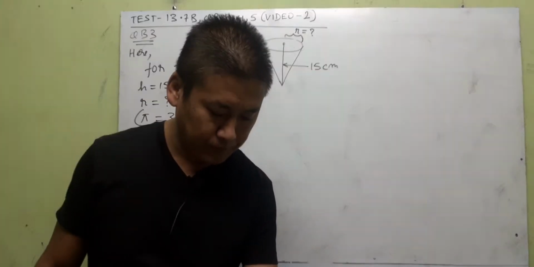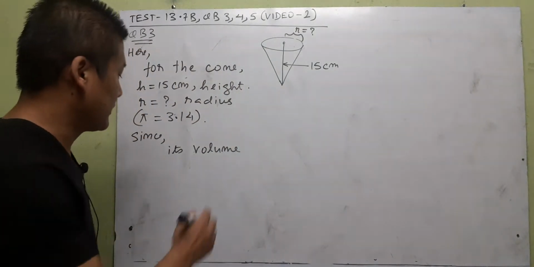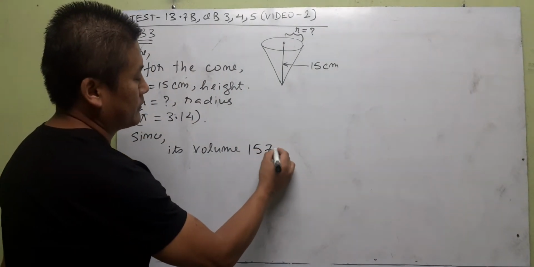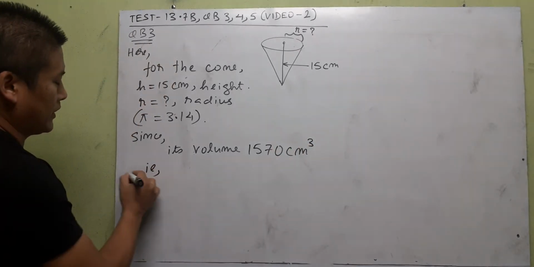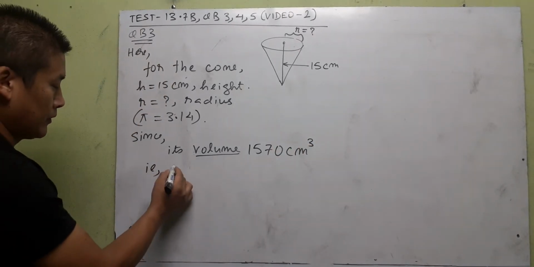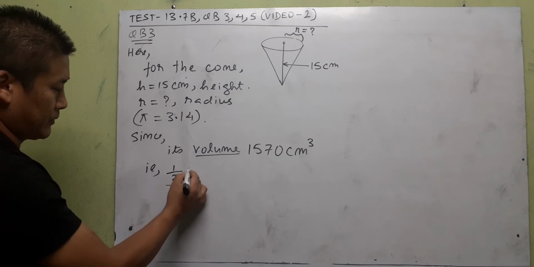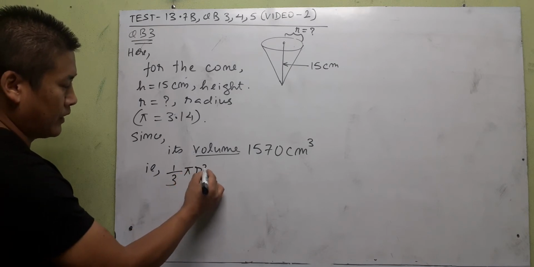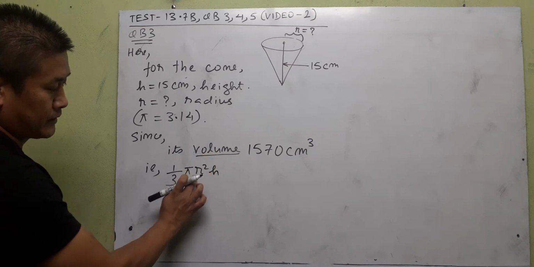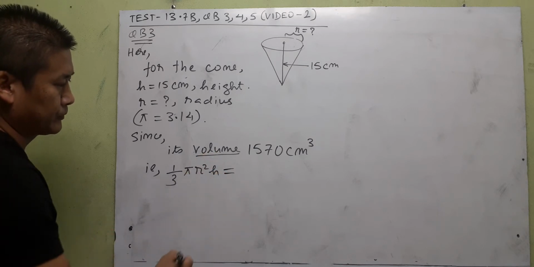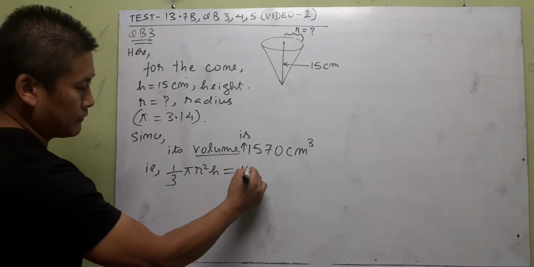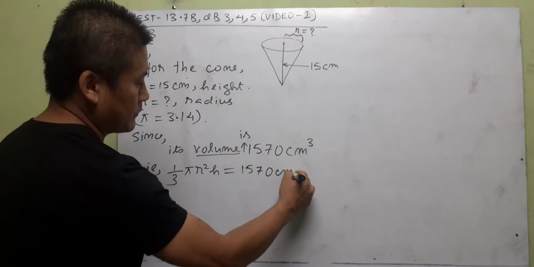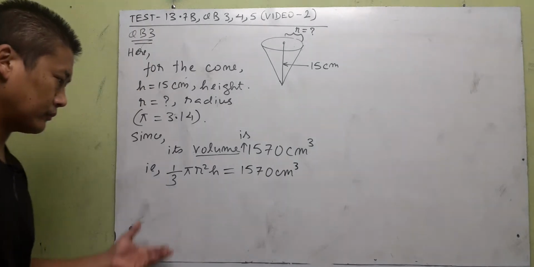Since its volume is 1570 centimeter cube, in other words, the formula for volume of cone is 1 by 3 pi r square h. So that will be equal to 1570 centimeter cube.